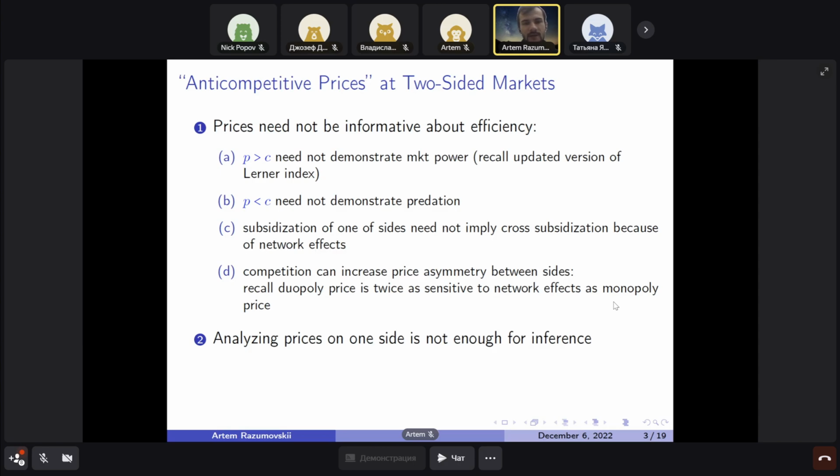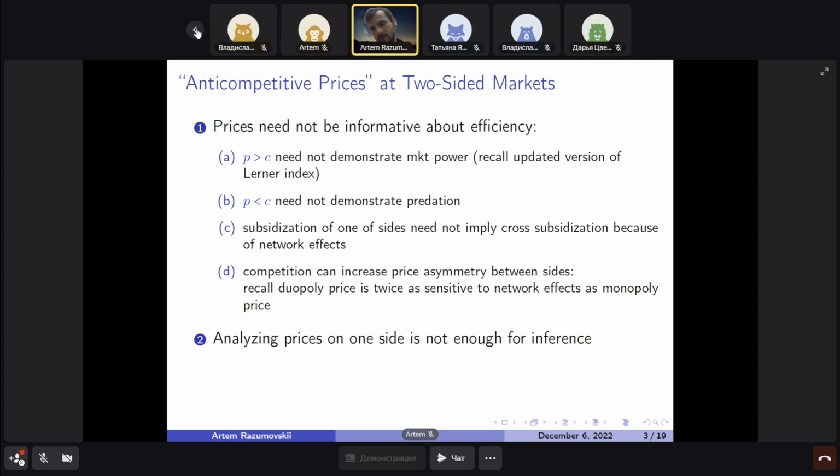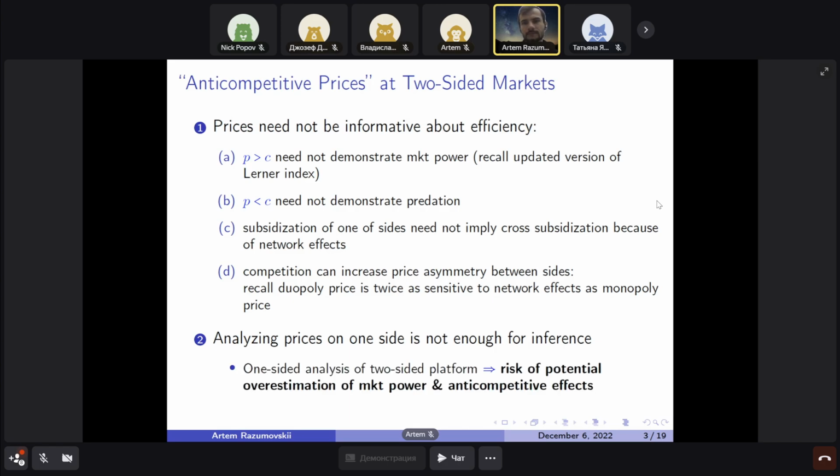If we just consider one side of the market and analyze prices on that side, thinking that this is not a two-sided market, then we can estimate the market power of the firm wrongly, or we can potentially punish a company which just tries to survive and set prices optimally.